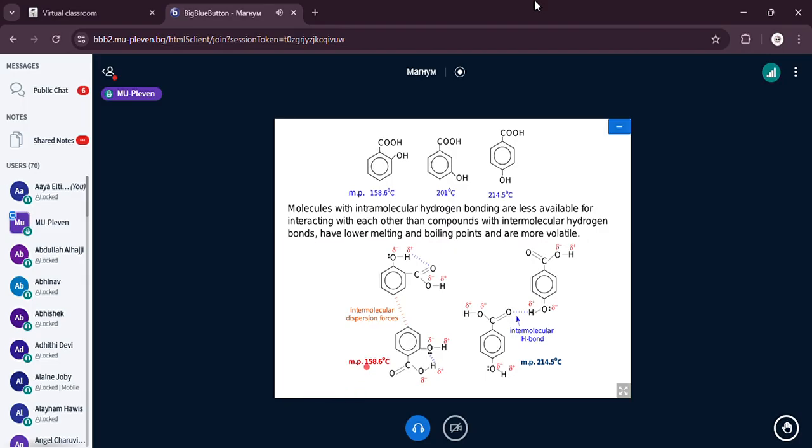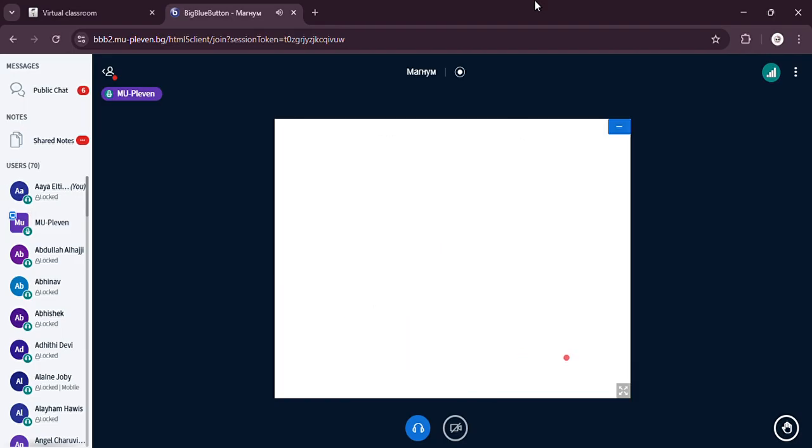Low melting point of salicylic acid is because between its molecules dispersion forces exist, which are very weak, non-covalent forces. And the melting point of para-hydroxybenzoic acid is high because of intermolecular hydrogen bonds between molecules of this compound.